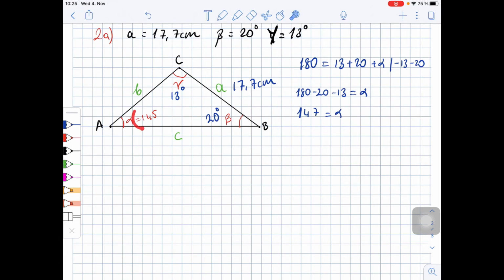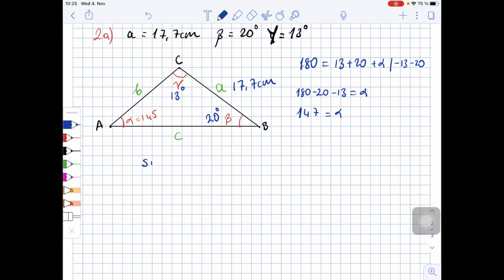Now which one can I use? I know this angle and I know the corresponding side. So I know this angle and I don't know the corresponding sides. I can use the sinus. So we always use the Kosinussatz, but okay, let's use the sinus.